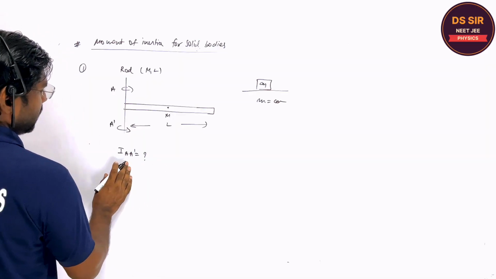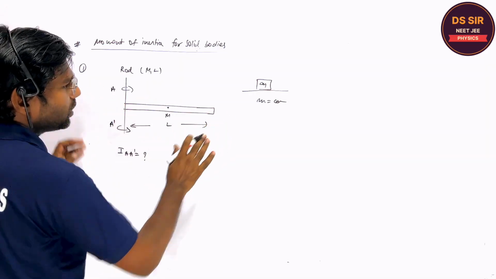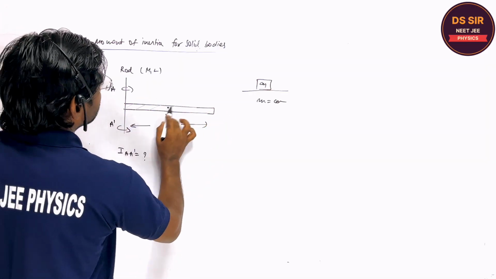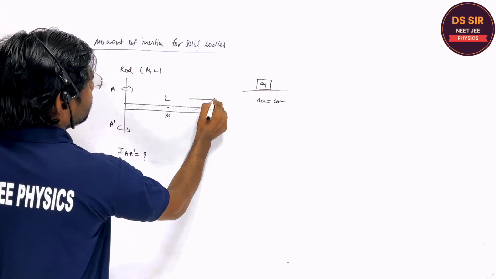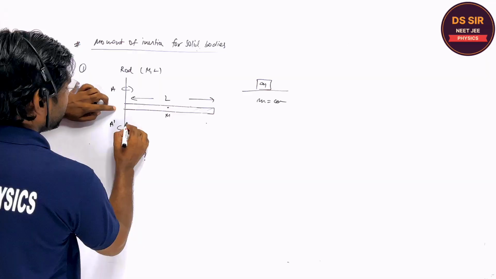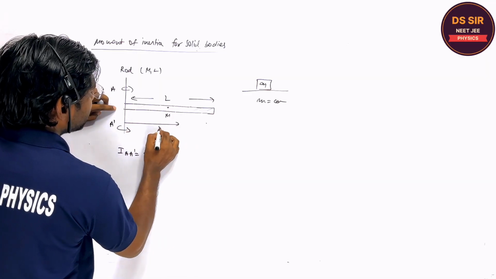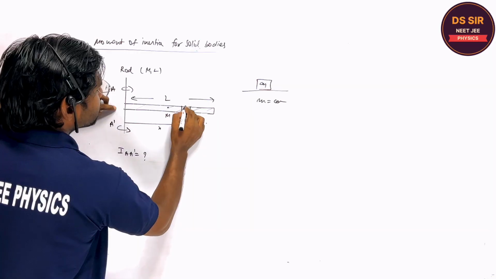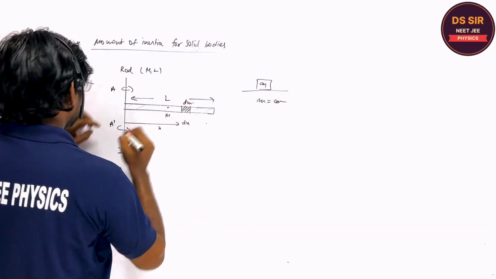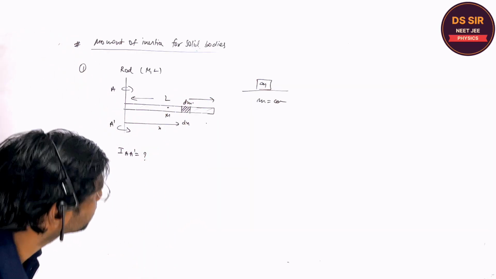Listen one thing. What will you assume? We don't know the moment of inertia of this whole body. So even if we don't know the moment of inertia, what can we write? We can write at distance x, a very elemental portion of width dx, and the mass of this part is dm.